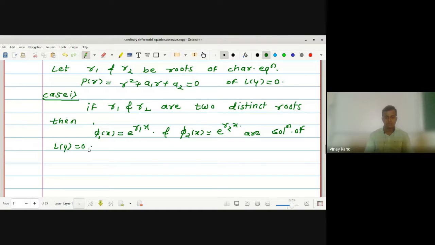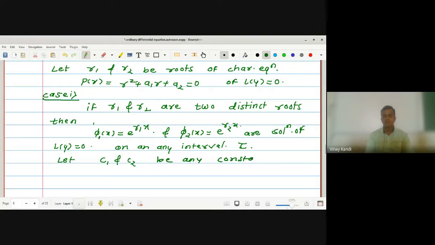On any interval I. Now we have to prove that these two solutions are independent. Let c1 and c2 be any constants.